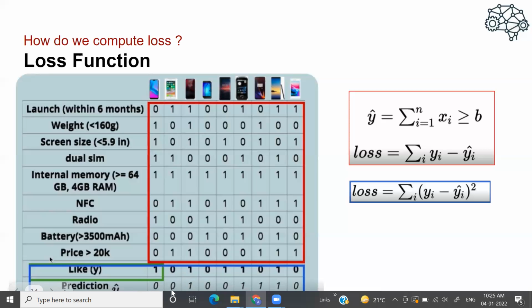Now, the reason for taking the square of the difference is, what may happen is here it is 1 and here it is 0. But what would happen if here it is 0 and here it is 1, right? What will happen is, in this particular case, the summation of loss will become 0 because here the value will be 1, here the value will be -1. So effectively it becomes 0.